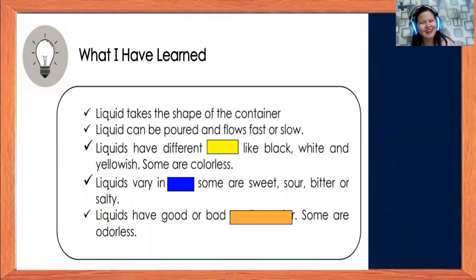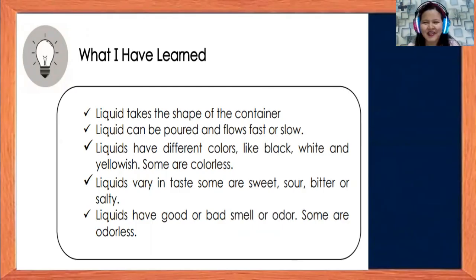The correct answer is colors. Liquids vary in blank. Some are sweet, sour, bitter, or salty. I know you knew the correct answer. It is taste. And for the last one, liquids have good or bad blank. Some are odorless. The correct answer is smell or odor.